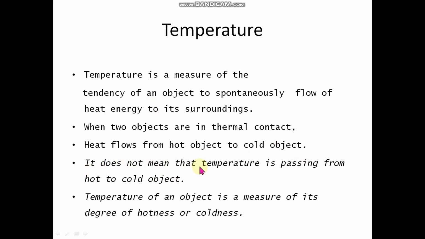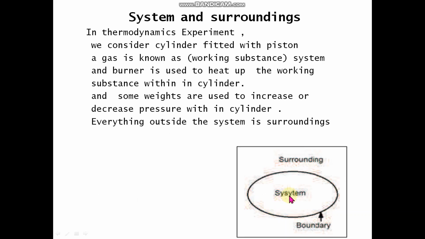It does not mean that temperature is passing from the hot to the cold object. The temperature of an object is a measure of its degree of hotness and coldness. This means temperature is not passing from system to surroundings and surroundings to system, but basically the heat energy is passing from system to surroundings and surroundings to system.